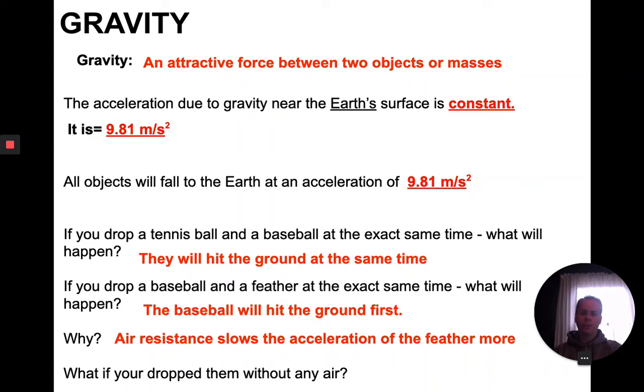So that might lead you to ask the question, well, what happens if you were able to drop the feather and the baseball in a place where there was no air resistance? What would happen? What do you think? Well, to see somebody actually do this, there's a video that's going to be linked tomorrow. You could actually see what would happen.